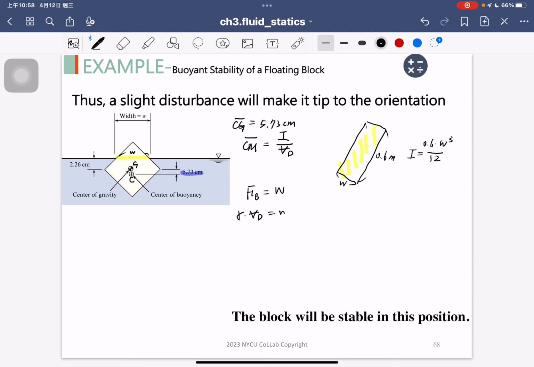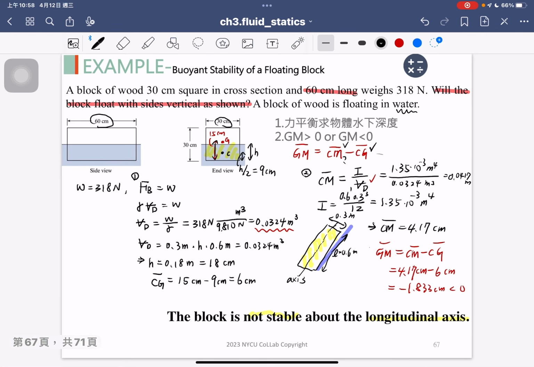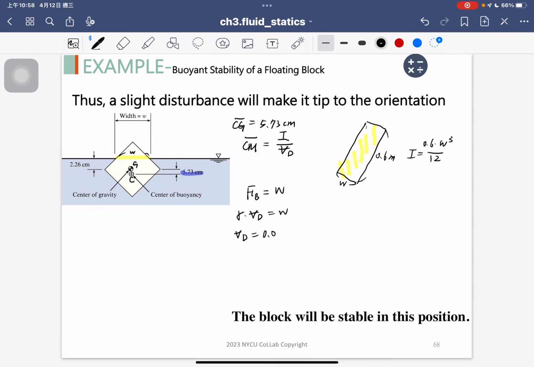From the previous slide, we know that the VD, the displaced volume, I remember, is 0.0324 cubic meters. So the volume beneath the yellow line is equal to the VD.